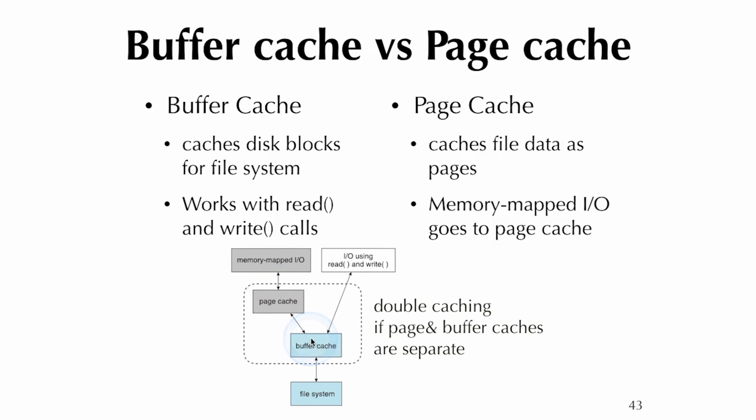So that means the same data gets cached twice, once in buffer, once in page. Okay. And that's not a good use of the memory resource.